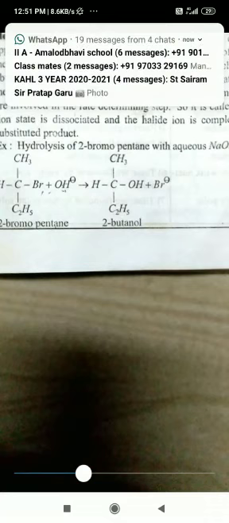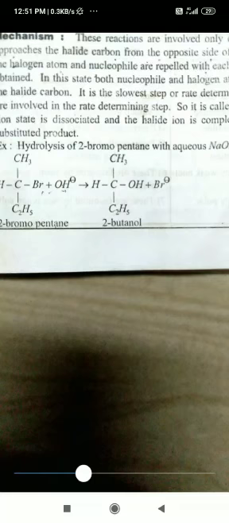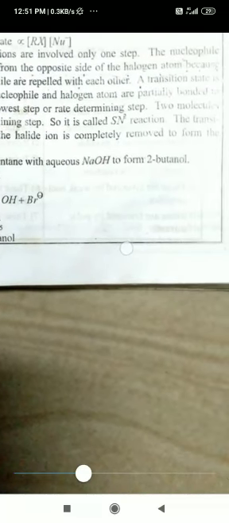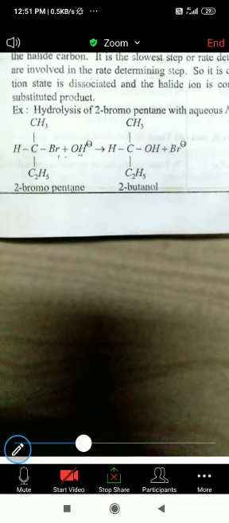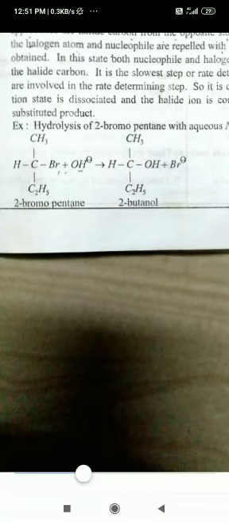The above statement can be written in a simple way in the following way. Hydrolysis of 2-bromobutane with aqueous NaOH to form 2-butanol, that is an alcohol. So C2H5 CH3 CH Br plus OH minus gives rise to C2H5 CH3 CH OH plus Br minus. That is the total equation. The total equation is formed in the following way. C2H5 CH3 CH Br plus OH minus goes on the arrow.